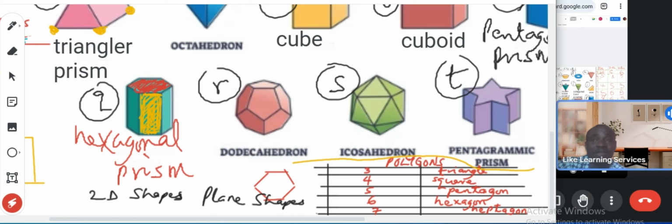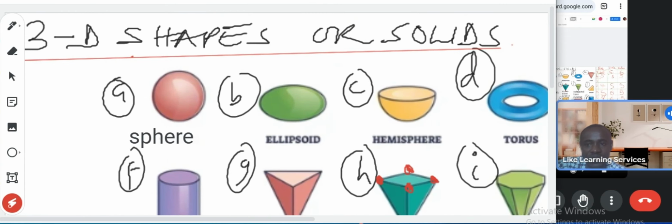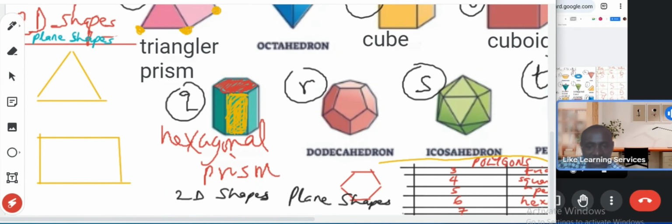That is to tell you that a 3D shape has many faces of plane shapes. A three-dimensional shape or solid has a number of faces that come together to form a solid, a number of plane shapes or 2D shapes.